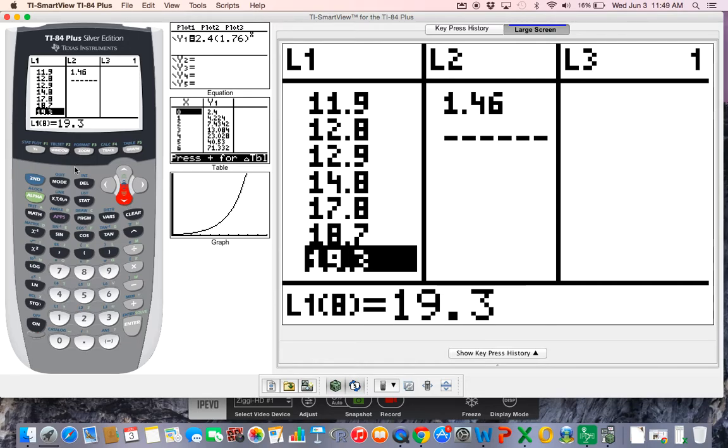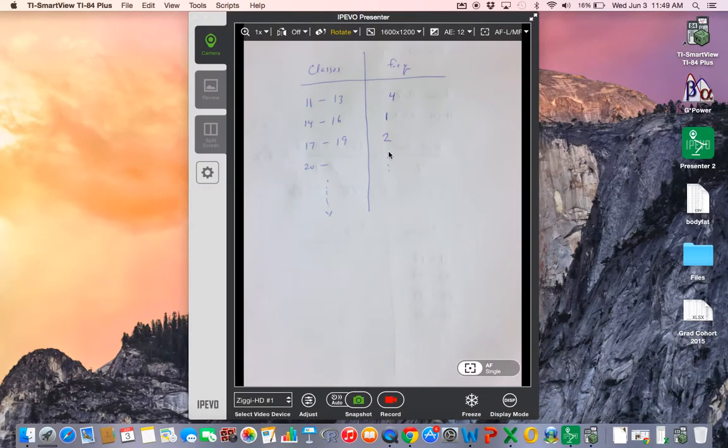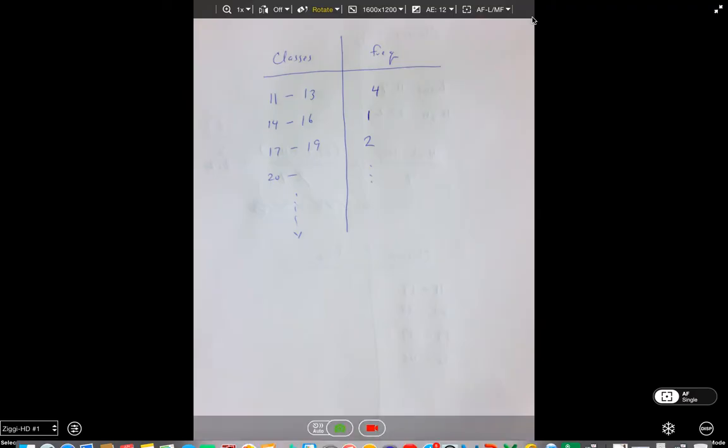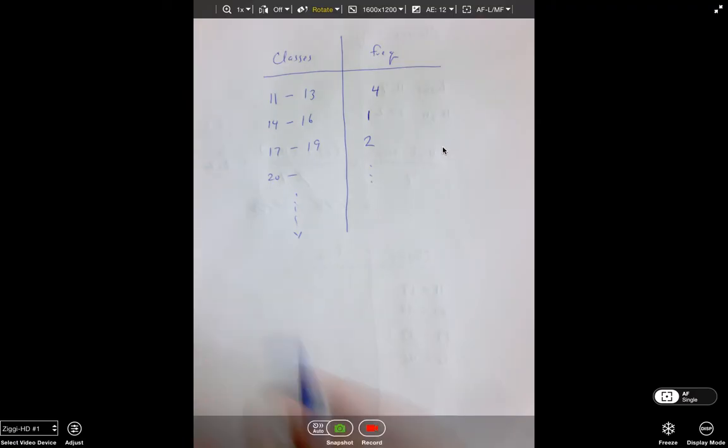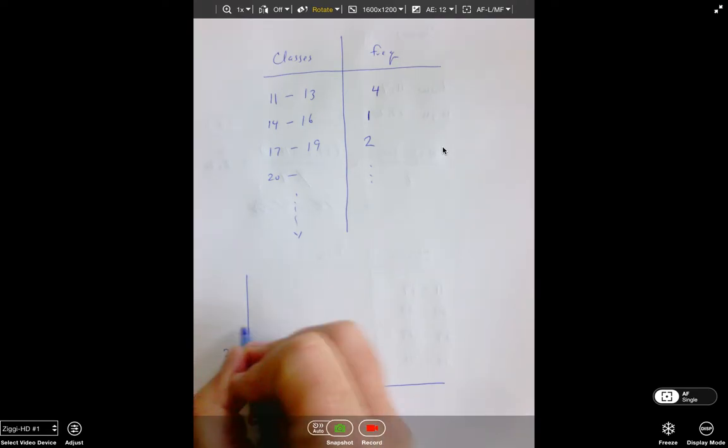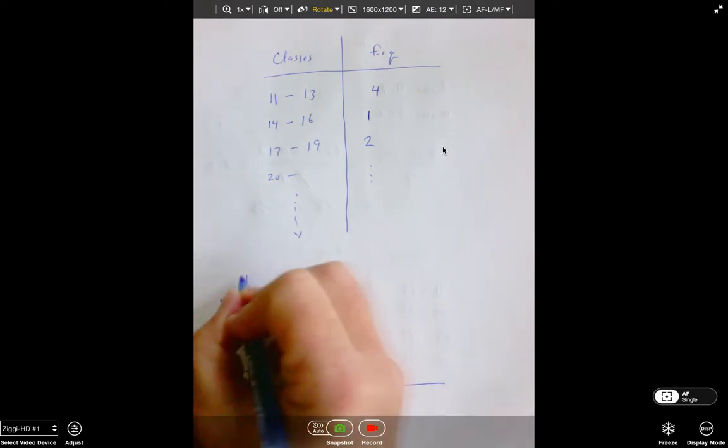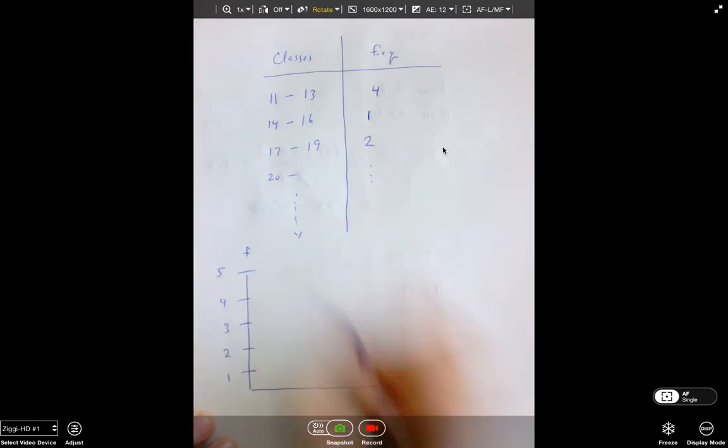Now, in drawing a histogram, again, I would never draw all these by hand. I'm teaching. What I would do here, a histogram starts with frequencies. So I would plot the frequencies on the vertical axis.